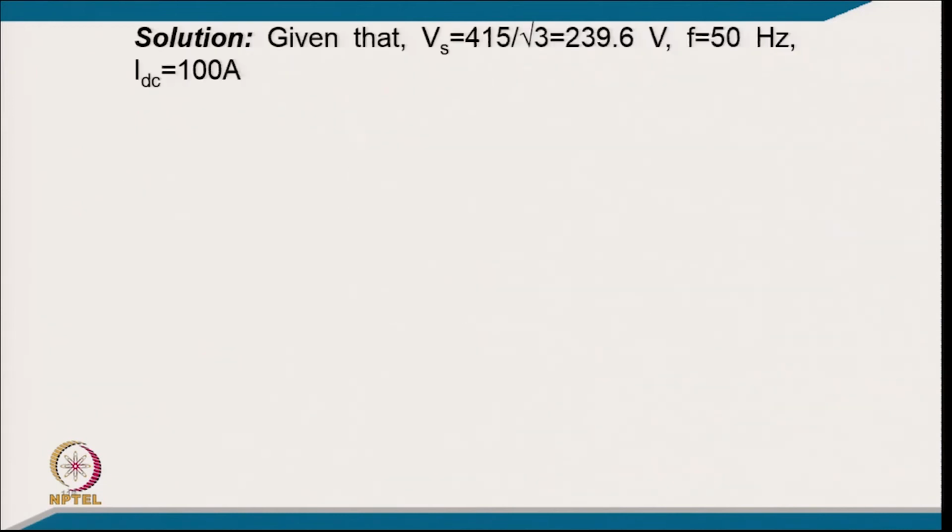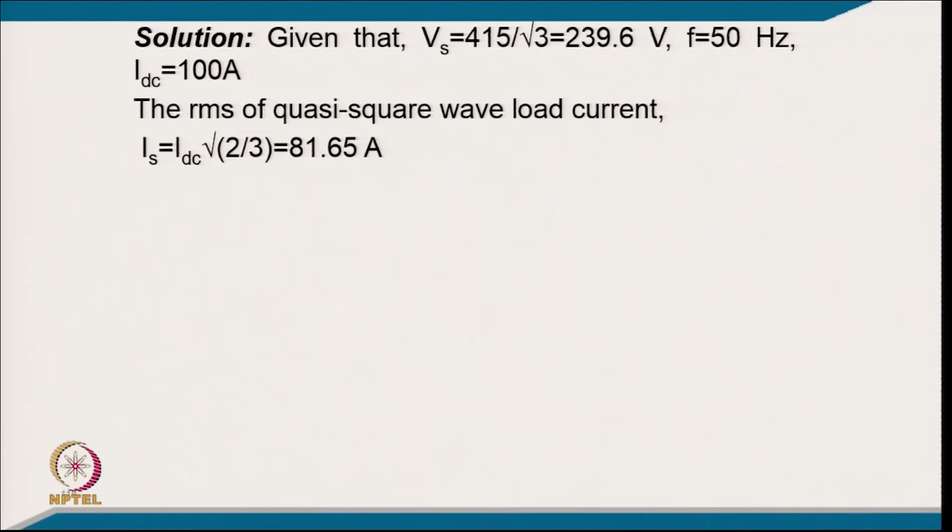So, coming to the numerical part, given that the voltage is 415 by root 3, that is 239.6 volt, the frequency 50 hertz, and the DC side current 100 ampere. Now the quasi-square wave RMS current on the grid side will be IDC under root 2 by 3, so it is 81.65 ampere.